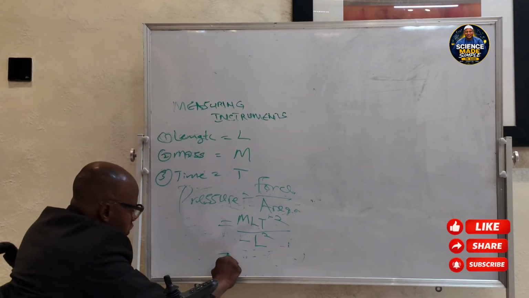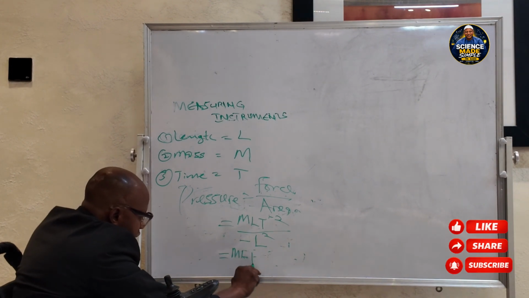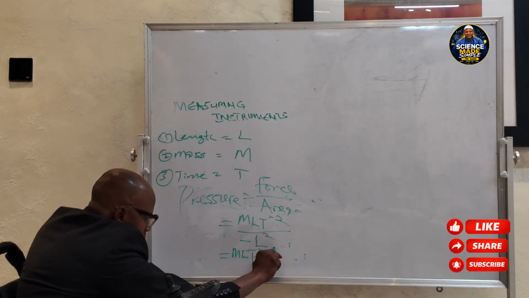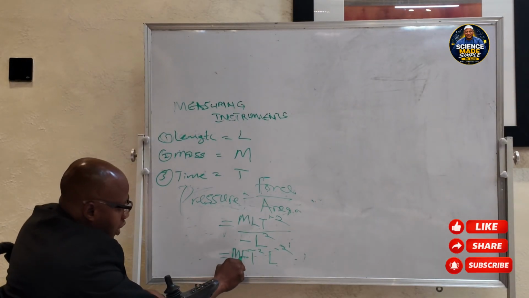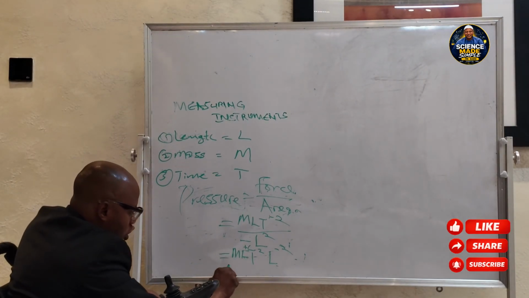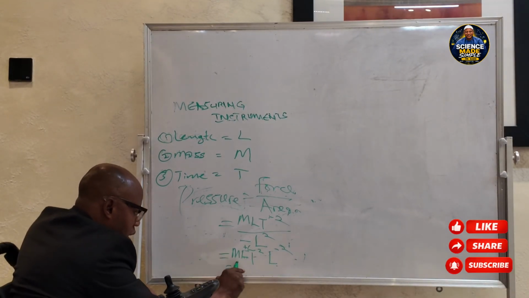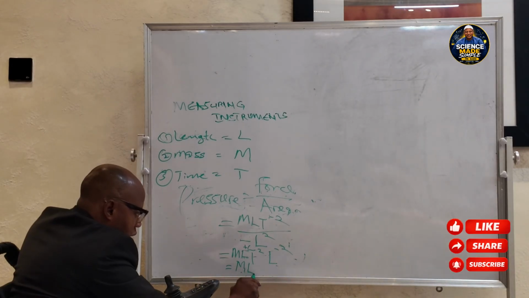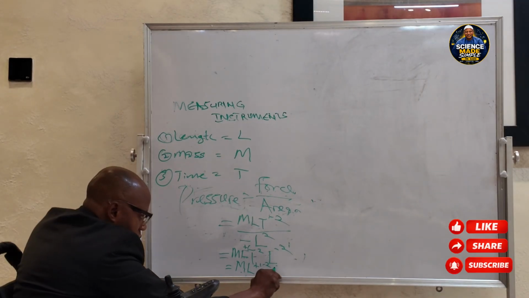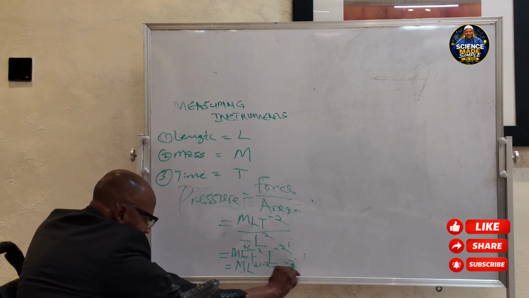So we want to put everything on a straight line. It's going to be MLT minus 2. Bring this one up to be L minus 2. We have one L here, this L is plus 1. We have plus 1 minus 2, so it's going to be M, L plus 1 minus 2, T minus 2.